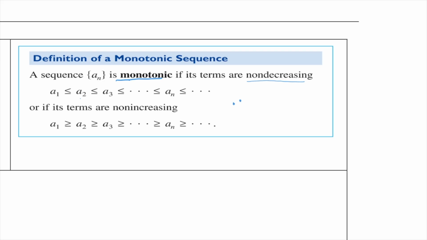It is possible that some of the values are equal before they continue to either increase monotonically, or perhaps you have a sequence that's going to decrease monotonically, but a few of their terms are equal. So to be monotonic, your terms are going to be non-decreasing or non-increasing.